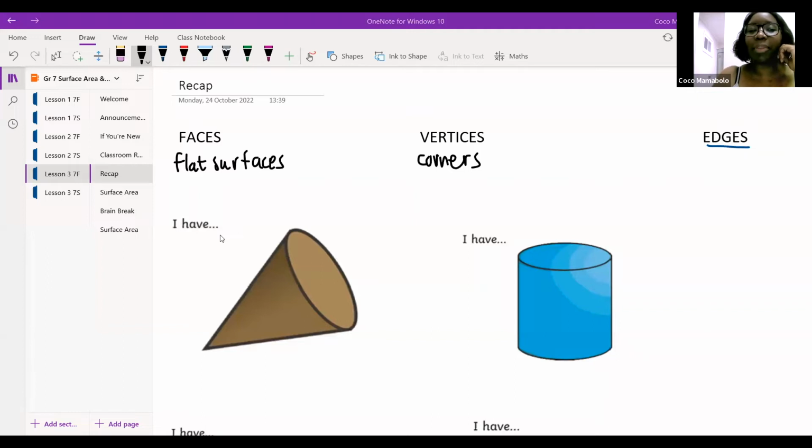Liam, you're onto something, but not quite. Mialani, what do you think? What is the edge of my shape? The sides of a shape. Okay, the sides of the shape we would call the faces. But not quite. I think Somila, if you look in the chat, Somila's got a bit of an idea of what it is.